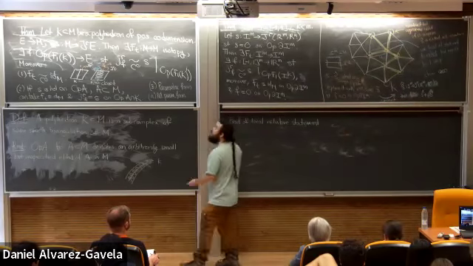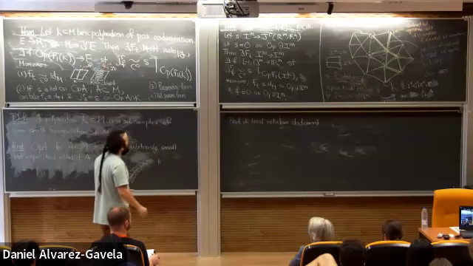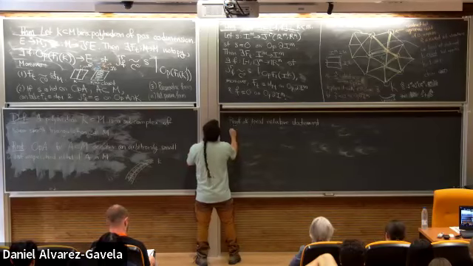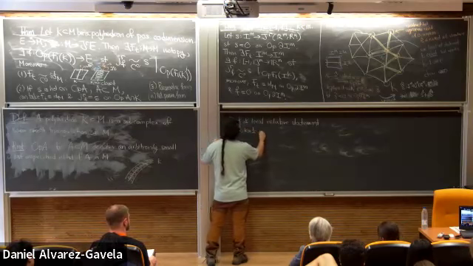So let's attempt to prove this local relative statement in what remains. So let's do it in the case n equals 2, k equals 1, n equals 1.